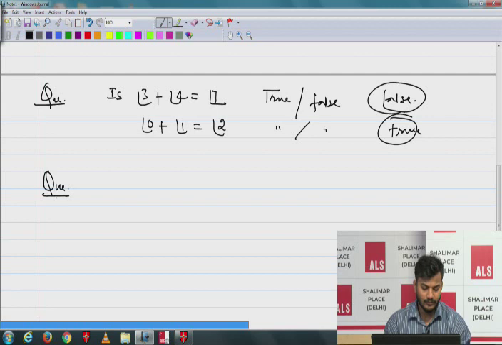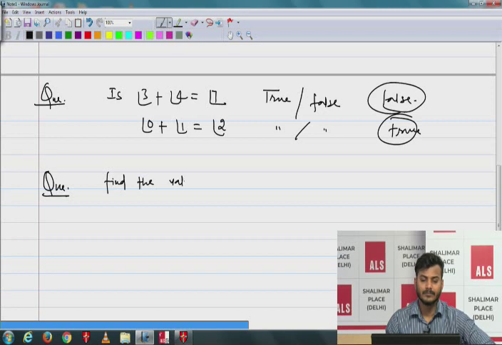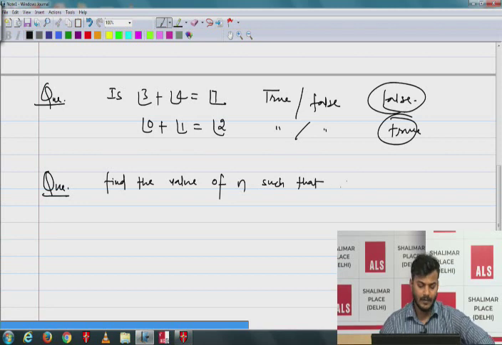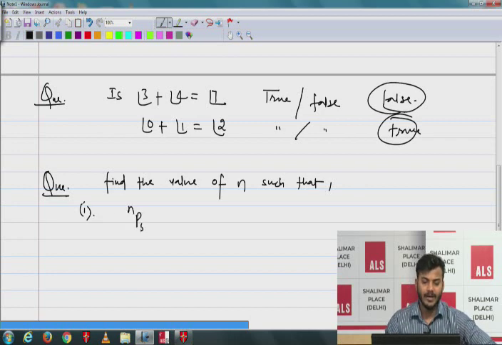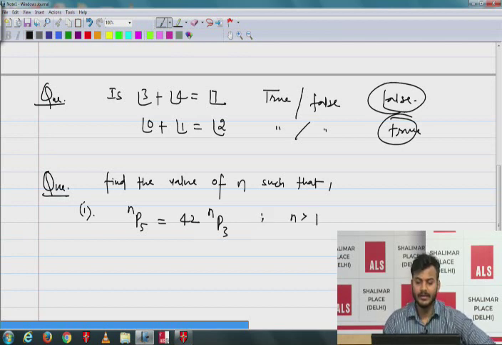Next question is, find the value of n such that first nP5 equals 42 times nP3, where it is given that n is greater than 4.